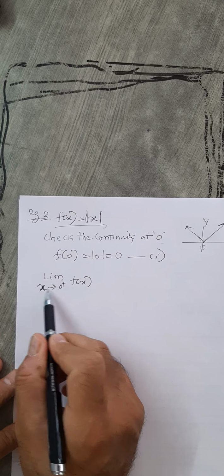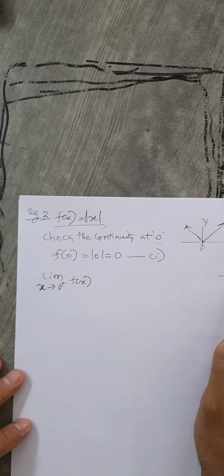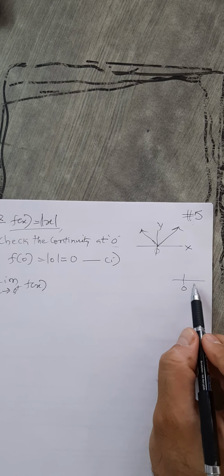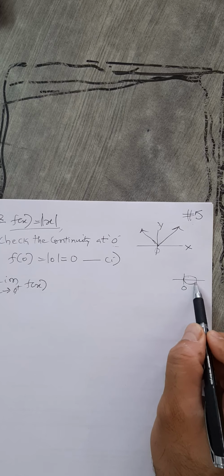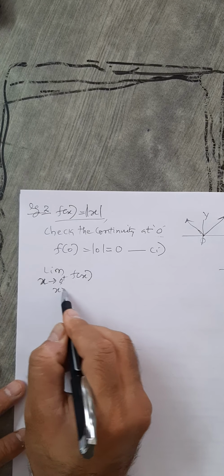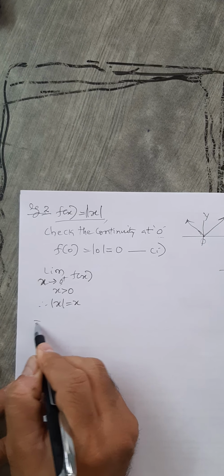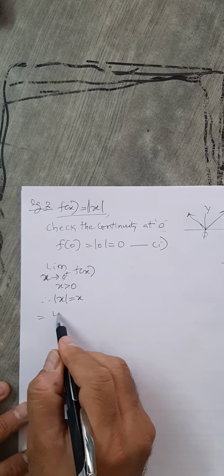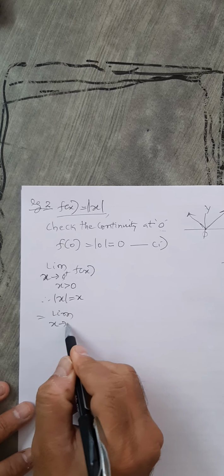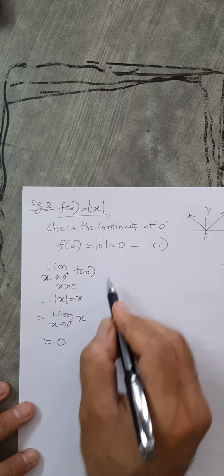Recall the meaning of this: x tends to 0 from the right side. Here you have 0, and the right side is this side. So here x is greater than 0, therefore modulus x becomes x. So the limit x tends to 0 from the right is x, and as x tends to 0 this becomes 0.